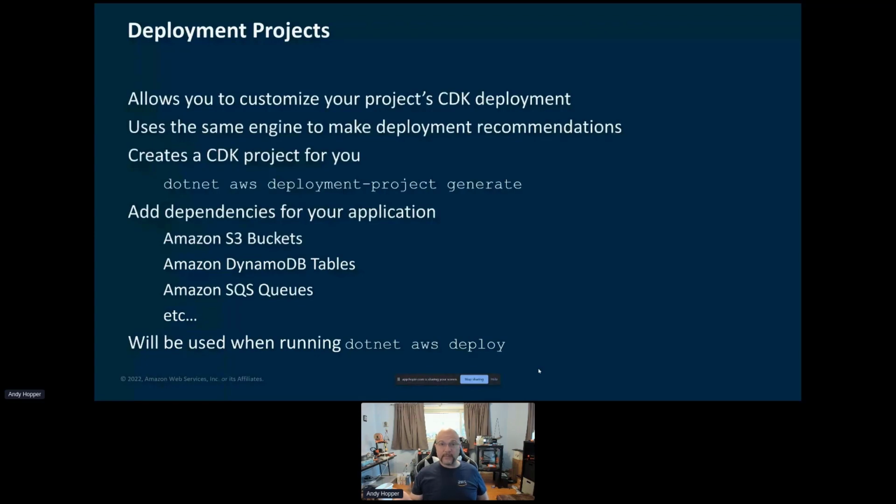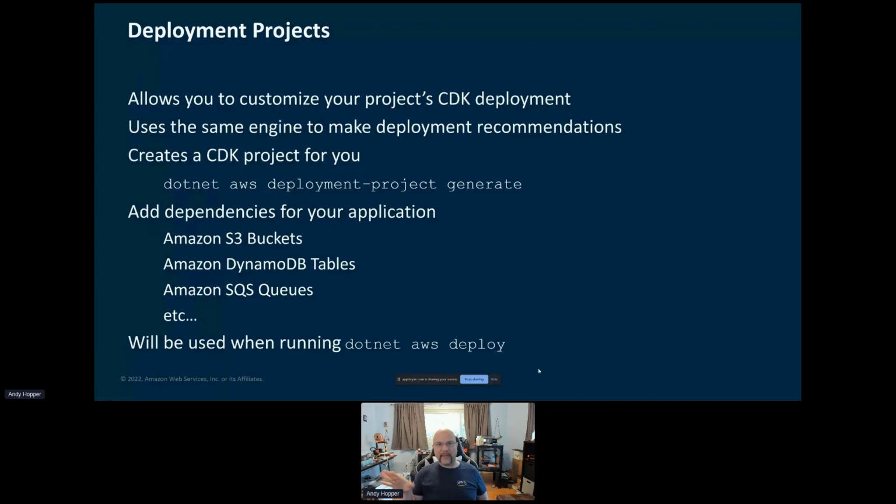And the way you do it is just as I navigated to the project folder to run the AWS deploy command, you can do the exact same thing: navigate to your project folder and run dotnet aws deployment-project generate. What it will do is, again, inspect your project. It'll give you the same set of recommendations that you would get if you were doing a full deployment. But instead, it will create a deployment project for you. That will be a CDK project in a sibling folder of your project.